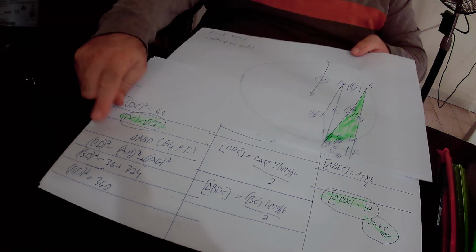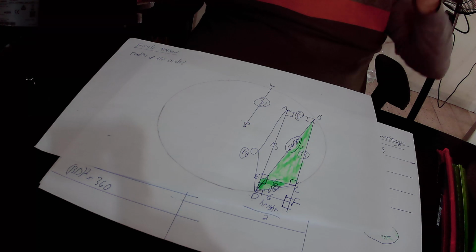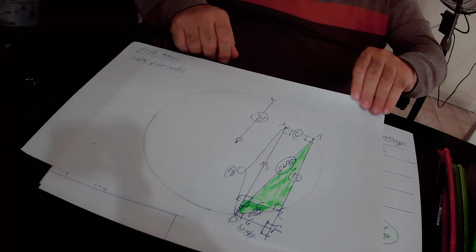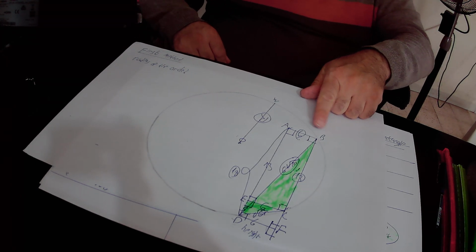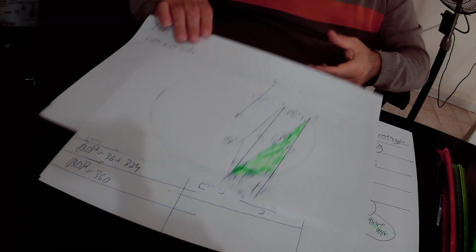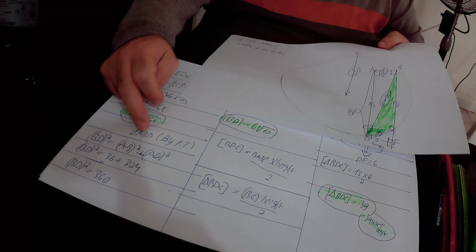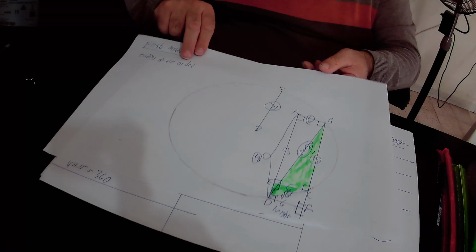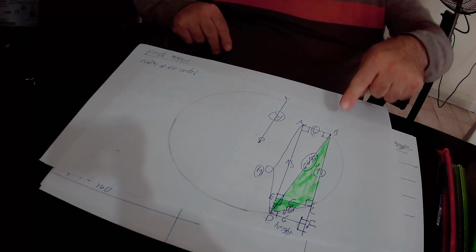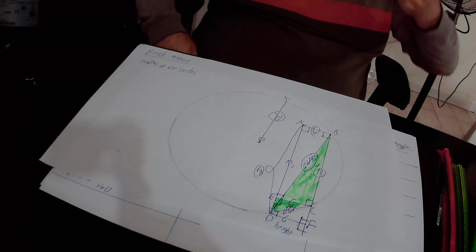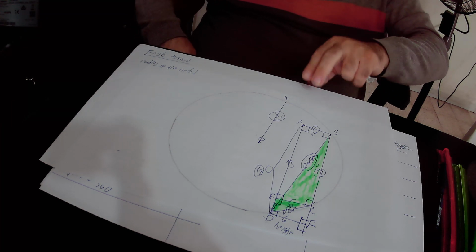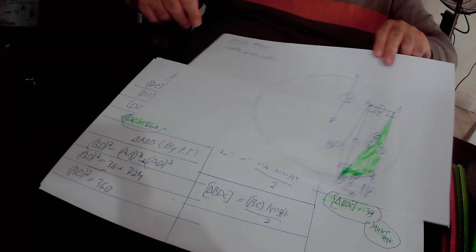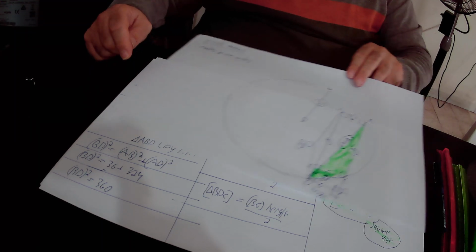According to the Pythagoras theorem, it must be equal to AB square plus AD square. So BD square equals AB square. AB equals 6, therefore AB square equals 6 square, that is 36.